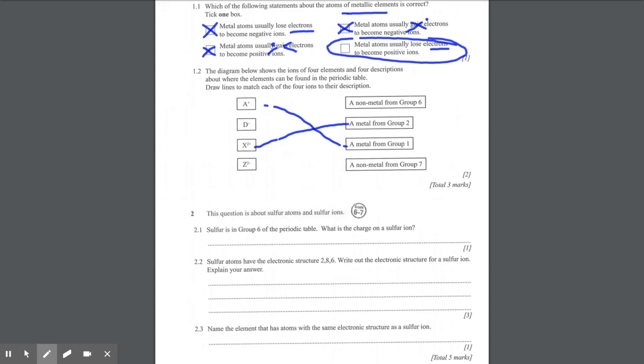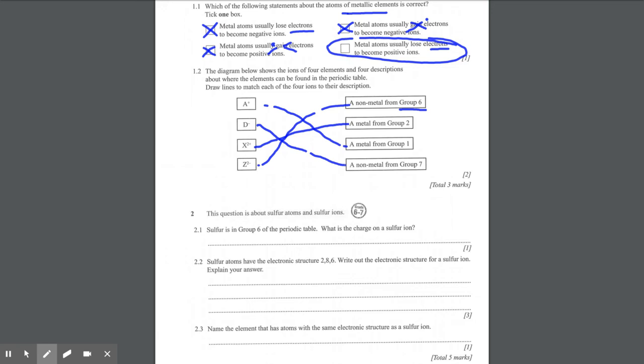So if something starts in group 6, that's got 6 outer electrons. So in order to get a full set of 8 electrons, that's going to need to gain the 2 electrons, and so it's going to have the 2 minus charge associated with it, and a singular minus charge is going to be relative to something in group 7.